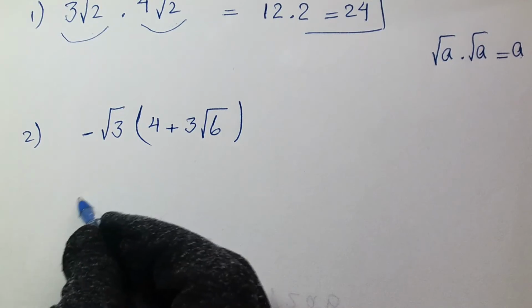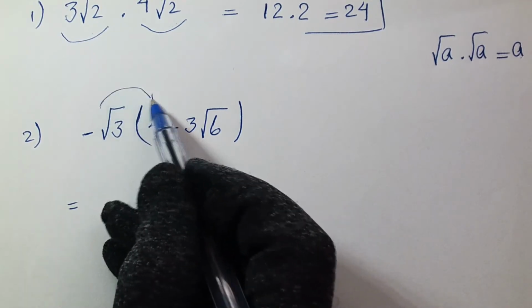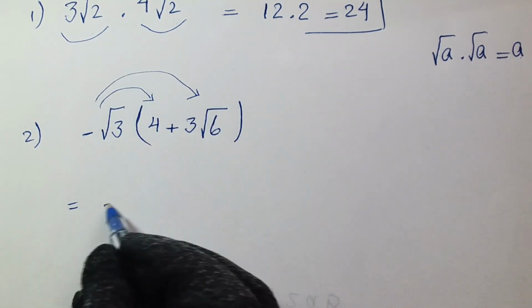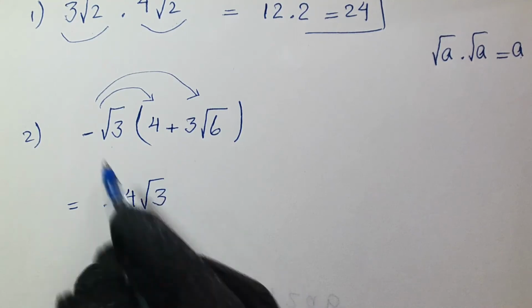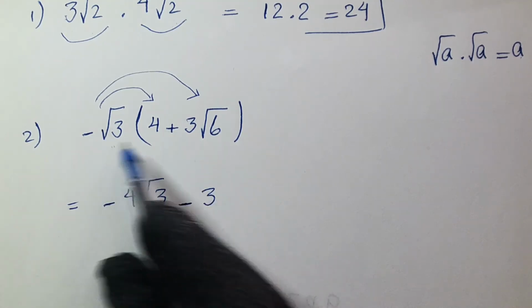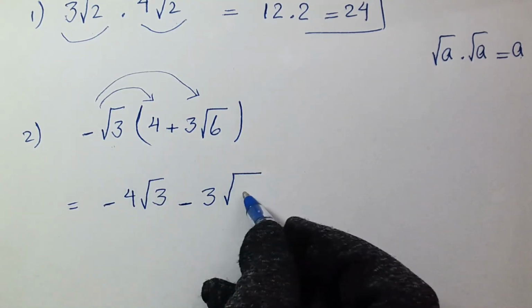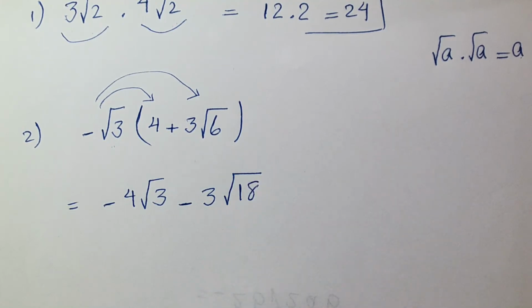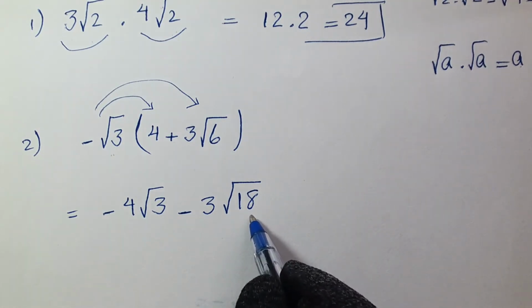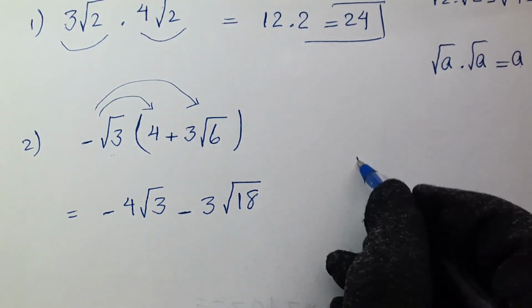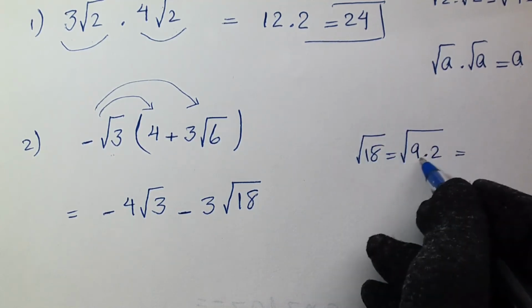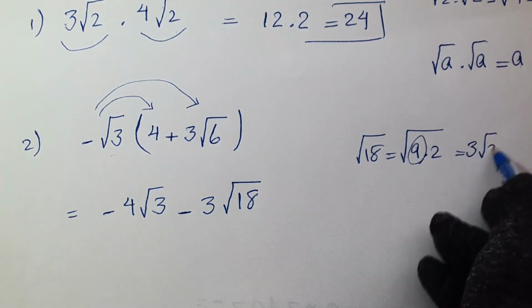Let's do the second example. We use the distributive property. Negative square root of 3 times 4 is negative 4 square root of 3, negative times positive is negative. Then 3 times 1 is 3. Square root of 3 times square root of 6 is square root of 18. But I'm still not done here, because I can write square root of 18 as square root of 9 times 2, and square root of 9 is 3, so this is 3 square root of 2.